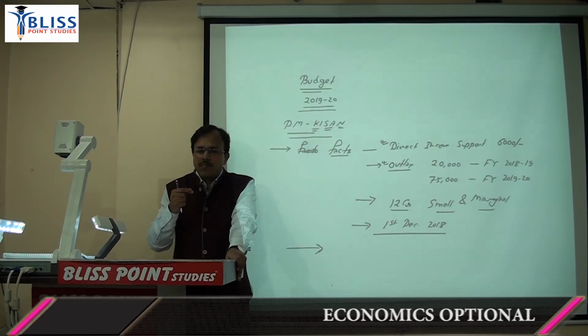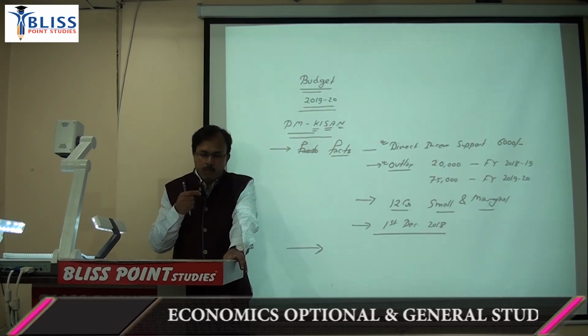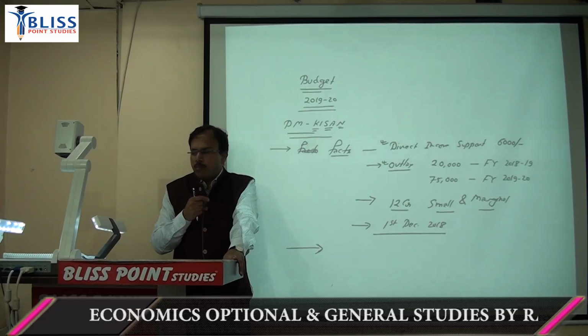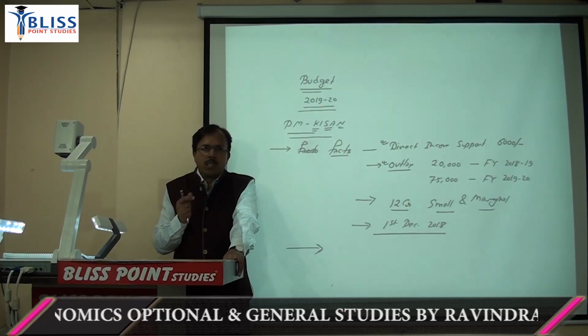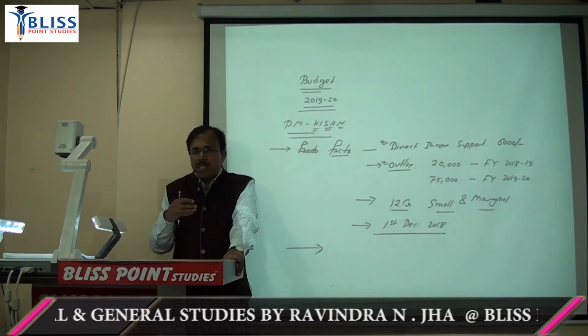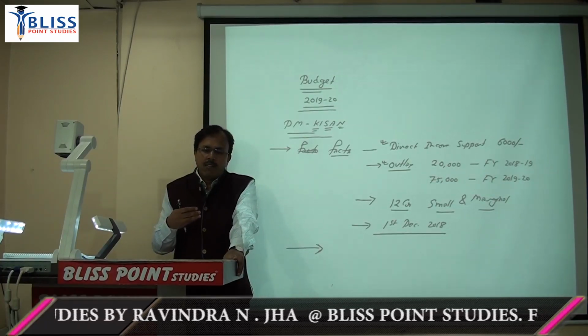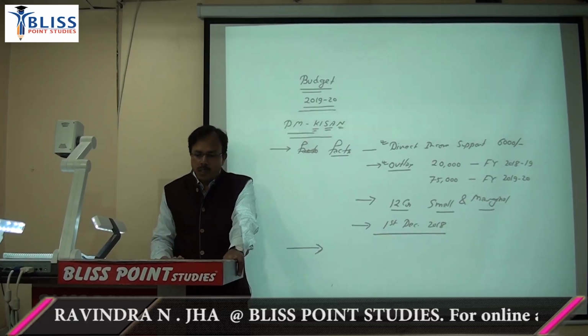Remember, these facts are more relevant from the prelims examination point of view, and some facts you can skip for mains. But if you are able to substantiate any argument using a fact given in the budget, it will be helpful in the mains as well.